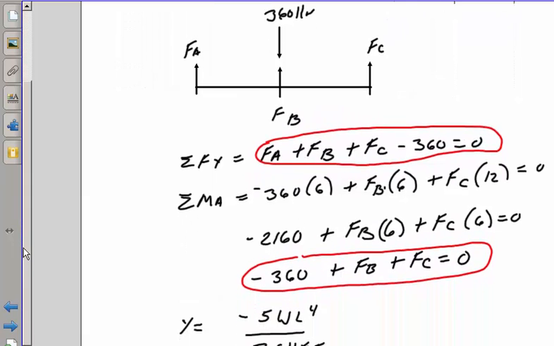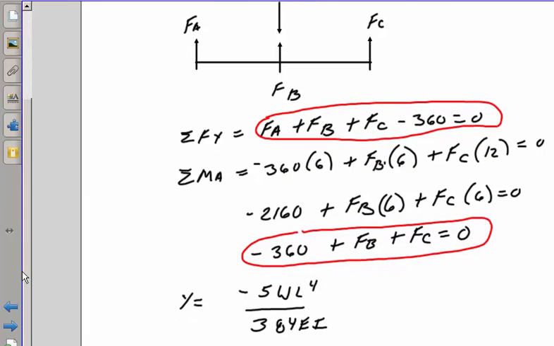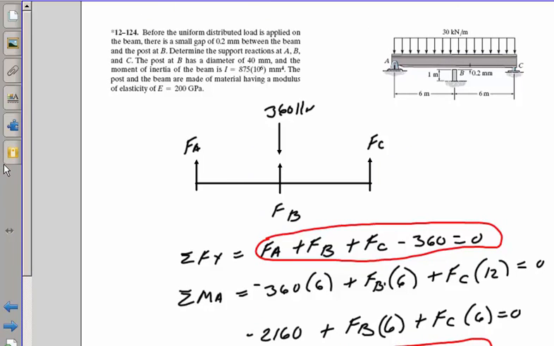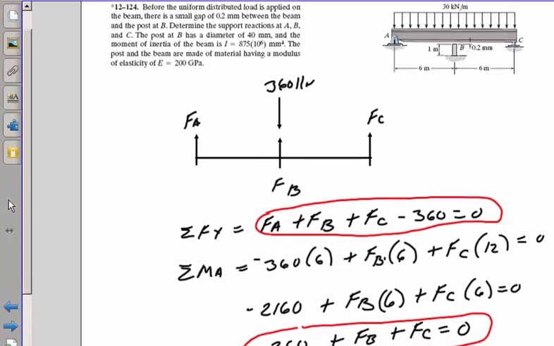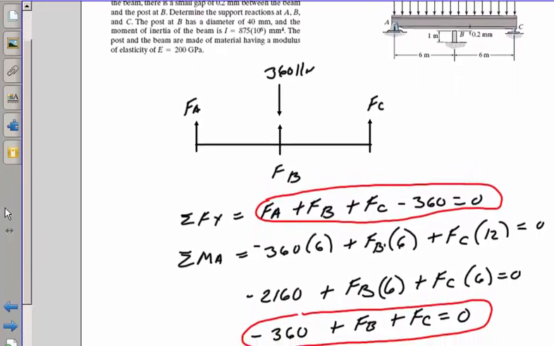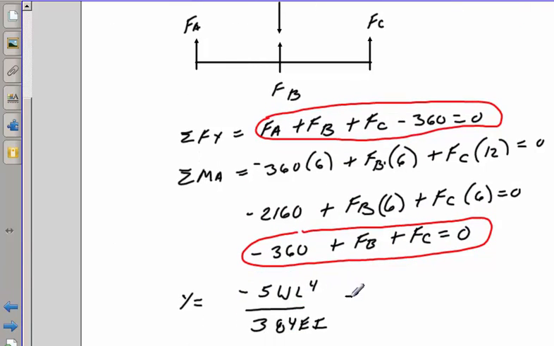So we put that value in: minus 5 times our 30.